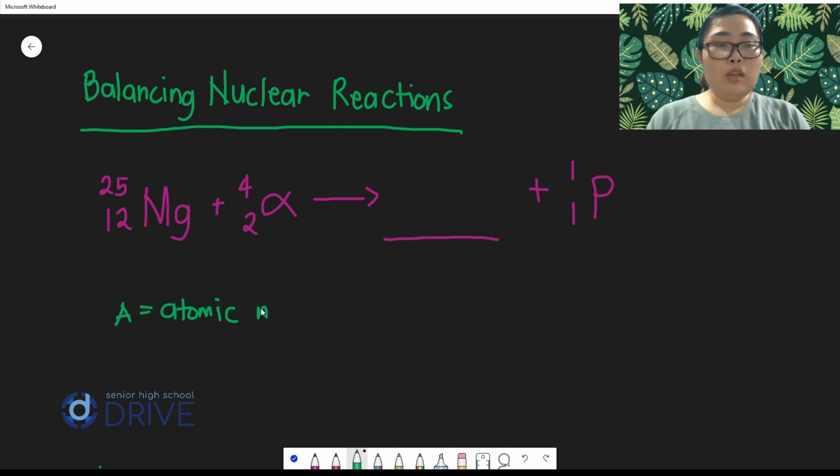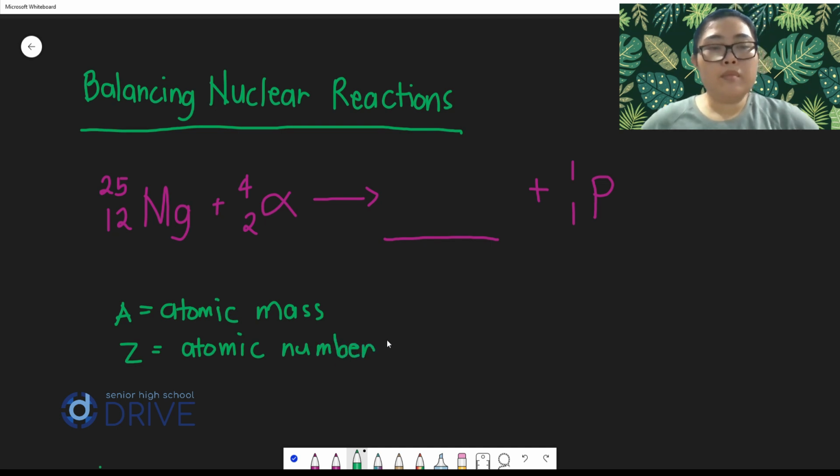Okay, so let's try to identify first what our atomic mass and atomic number are. If you still remember how isotopes are written in a nuclear reaction, your A is your atomic mass and the Z is the atomic number.